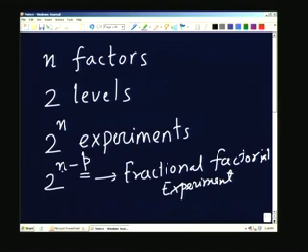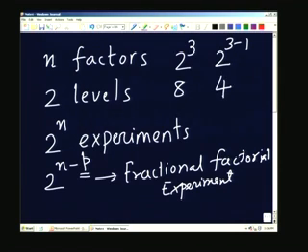If for example, we had 2 to the power of 3 and then we have 2 to the power of 3 minus 1. So, here how many factors are there? 8 factors are there. Constant, x a, x b, x c, then the products of x a, x b, etc., then x a, x b, x c. So, what we resolve here is only 4 factors. Okay. We are able to resolve only 4 factors.